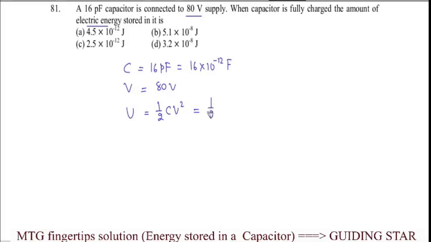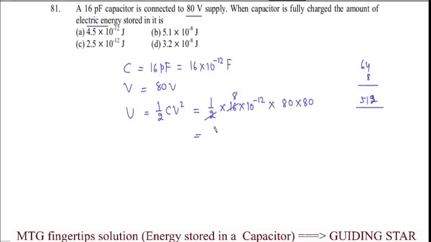So half, capacitance is 16 into 10 to the power minus 12, into potential difference 80, so it will be 80 square. So we can write 80 into 80. We can cut this one by 8. So here in this particular case, what will we be getting? 8 into 8 into 8. 8 8s are 64, 64 8s are 512.